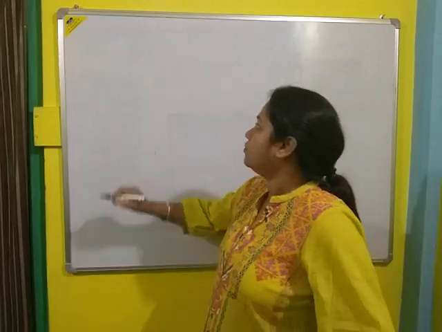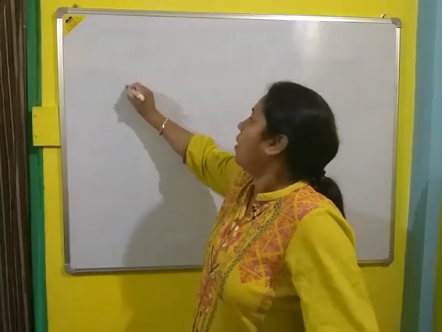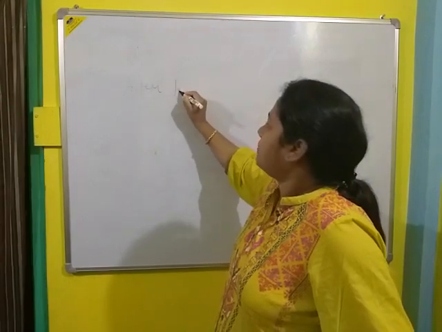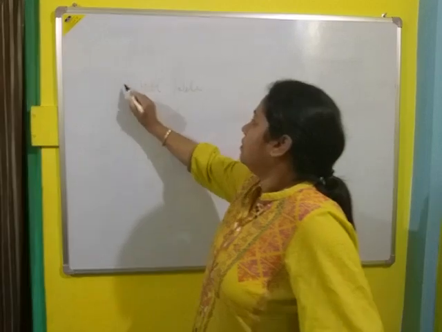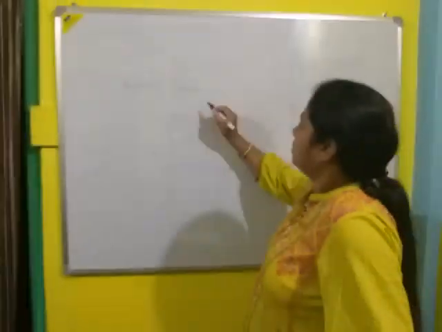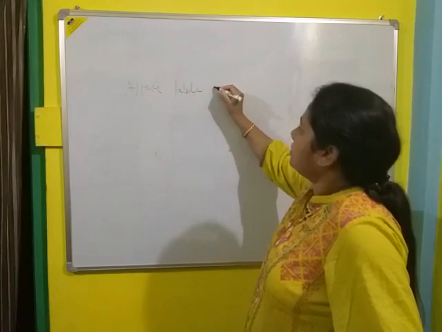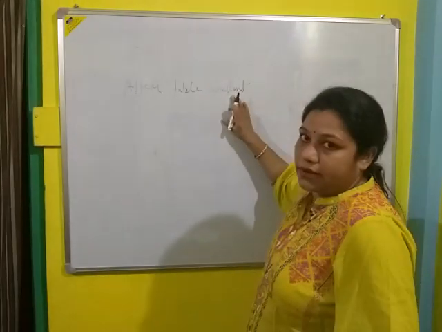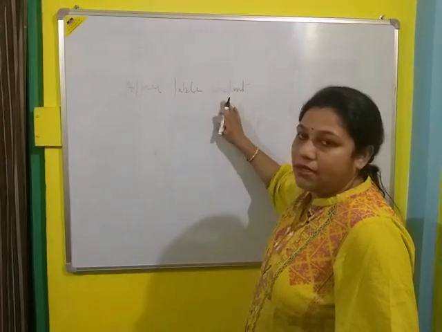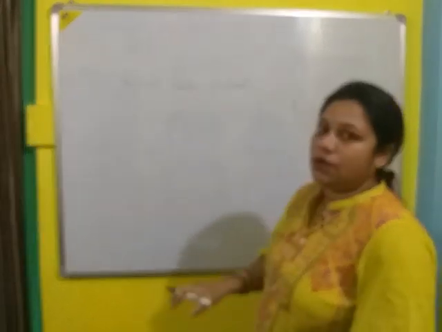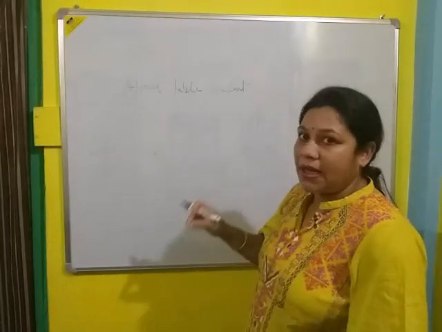And for that what to do? You have to write alter table student. For the student table I want to add a primary key.